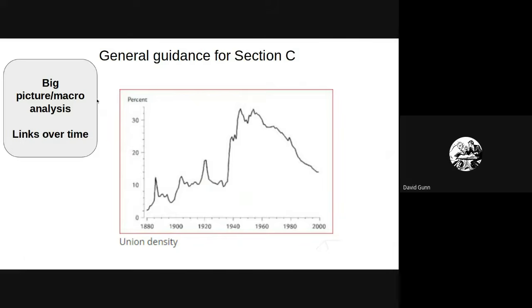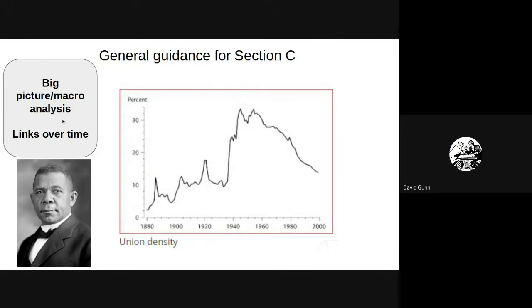What I mean by links over time is showing how something set a precedent or laid the foundation for something that came later. For example, in the Paper 3 that I teach at the moment, Civil Rights in the USA, 1850 to 2009, you've got Booker T. Washington, a very prominent African-American in the late 19th century, who advocated Black American self-determination.